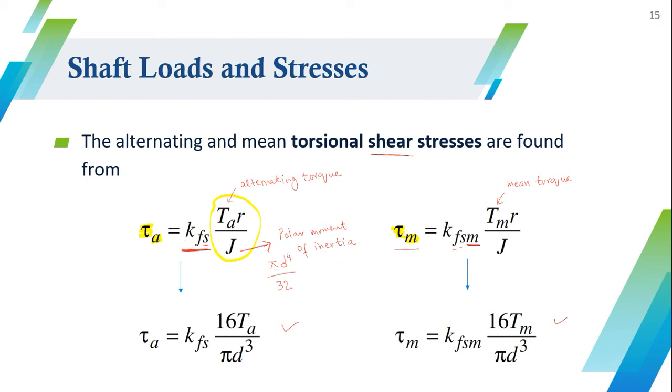Now in total we have four expressions. We had sigma A and sigma M on the previous slide, and then we have tau A and tau M. These are the four expressions because we have two types of stresses on the shafts.